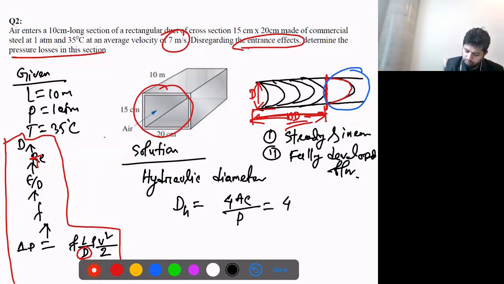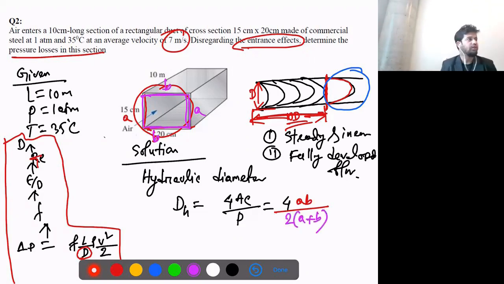If it is a rectangle, the area is easily this distance times this distance. So if I say this is A and this is B, the area is A times B, so 4AB. The perimeter means we need to consider the whole distance: this is A, this is A, this is B, this is B. So it will be 2 times (A plus B). This is the formula for a rectangle.